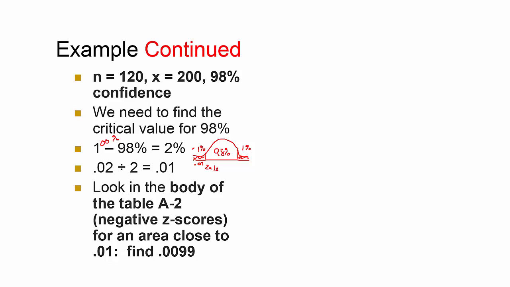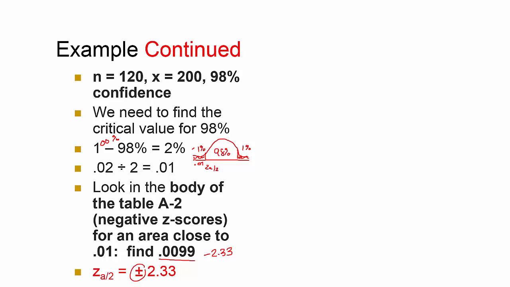So I'm going to look in the body of table A2 on the negative z-scores and find the closest area to 0.01. As you scan through, you'll find that the closest is 0.0099. So the critical value that aligns with that would be negative 2.33, and because of symmetry, we also have the positive.